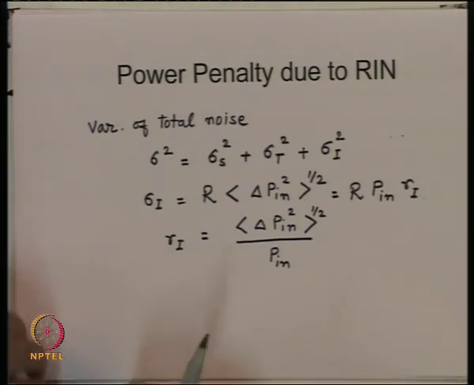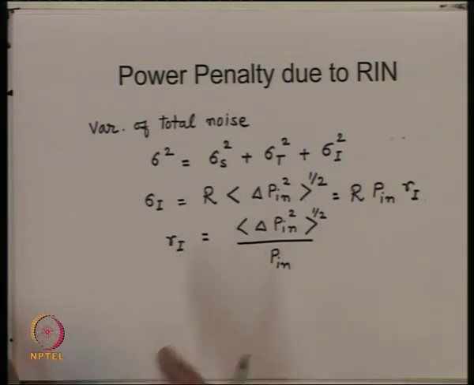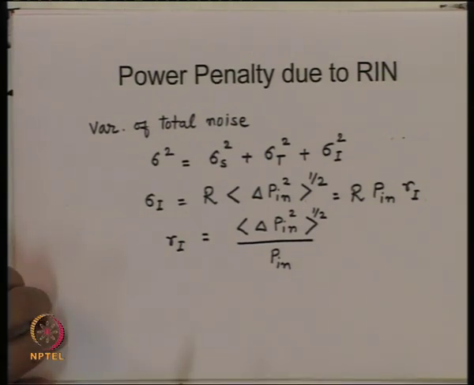Then what we do is we find out now the I1 and I0, and since we are considering only the relative intensity noise, we assume that the extinction ratio is 0. That means there is no power coming corresponding to the 0 level, and in that situation we can find out the average value.